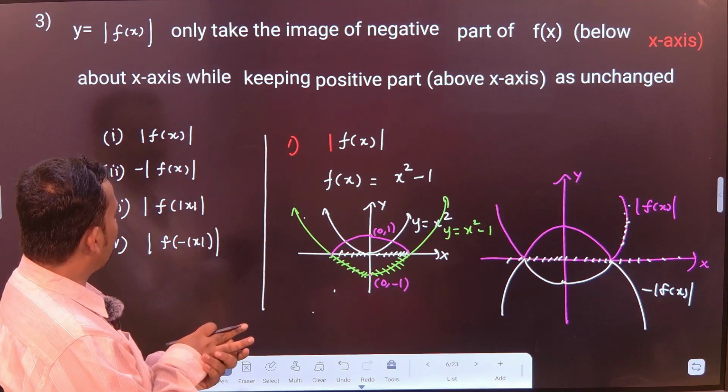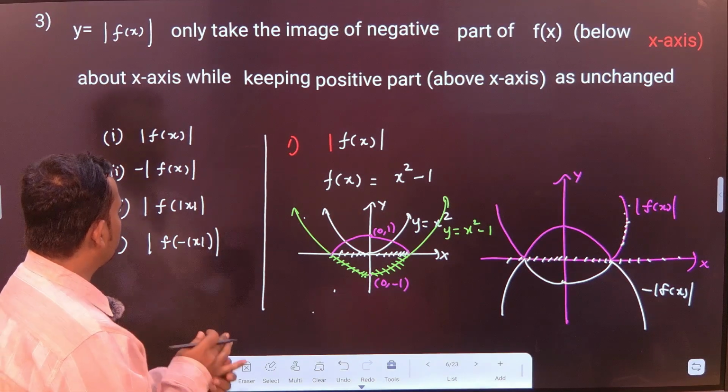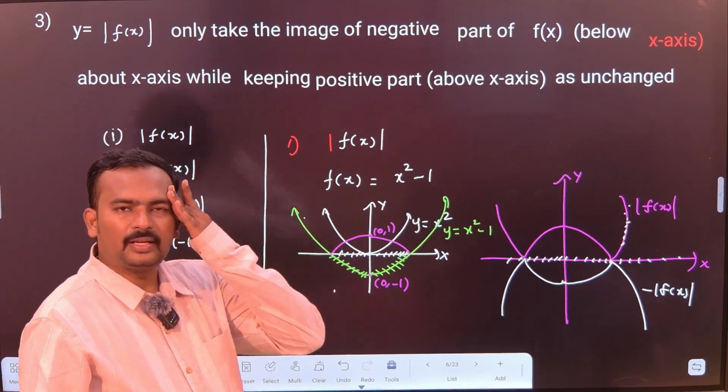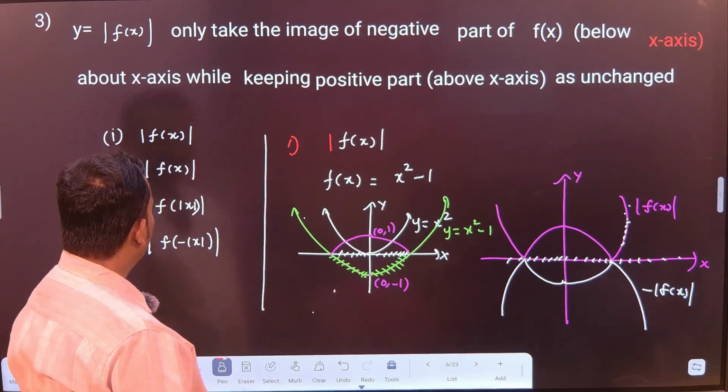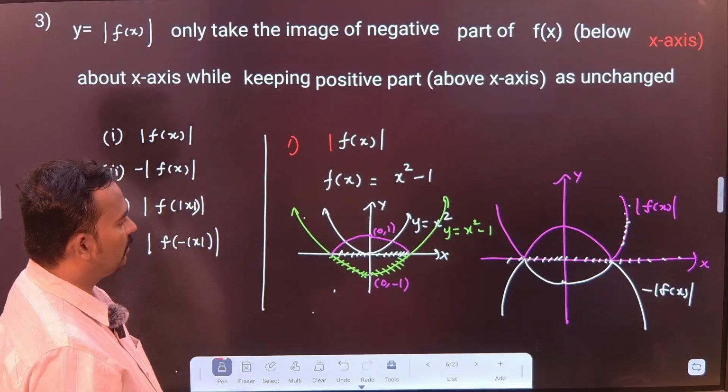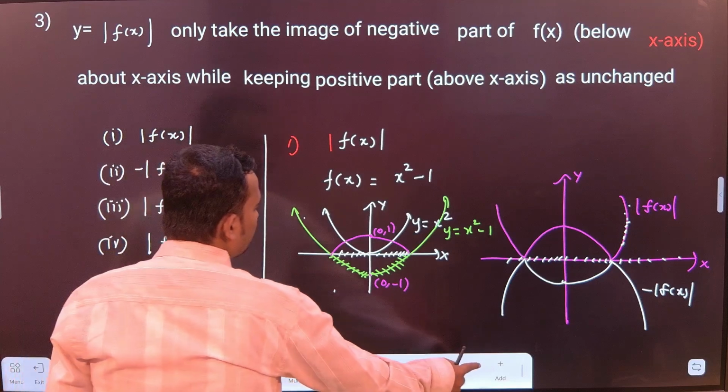Then how to draw the graph of f of mod x? Let's take another page.